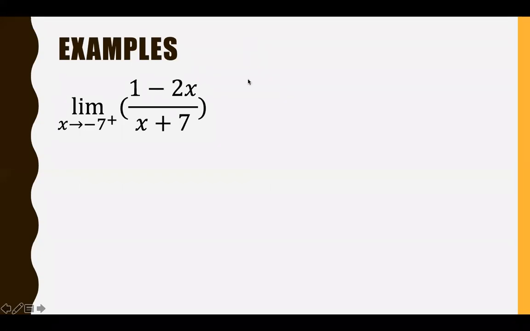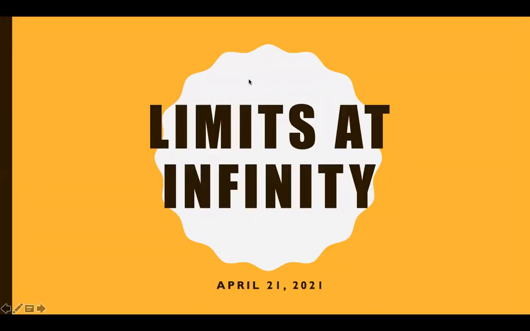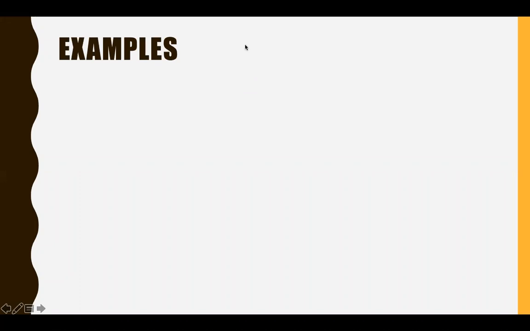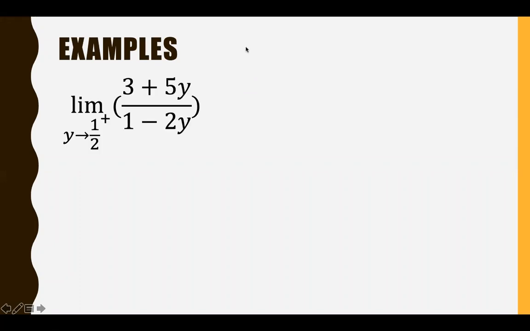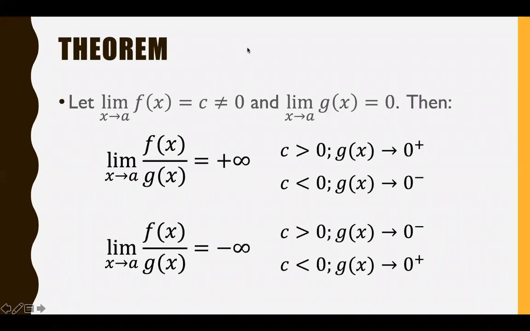All right, so let's proceed to, no, basically we're done. So let me go ahead and show you my way of easily thinking and easily analyzing when we can say it's positive infinity and negative infinity. You can do this when you are solving more examples about infinite limits with problems like this.